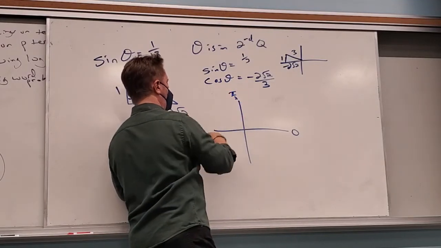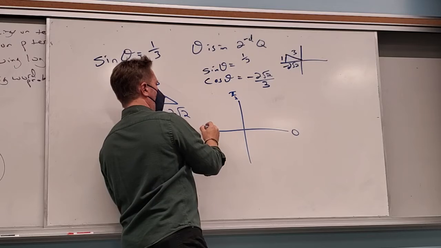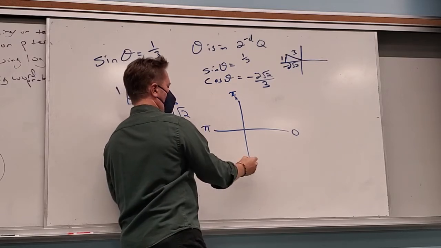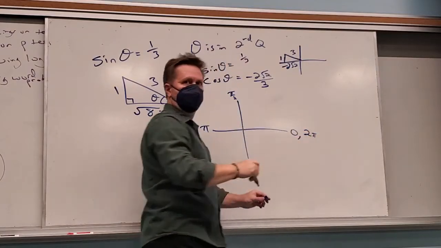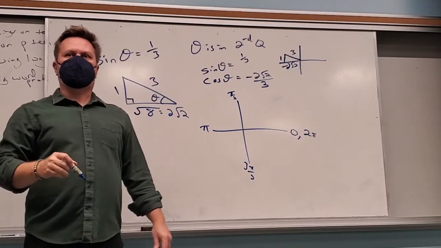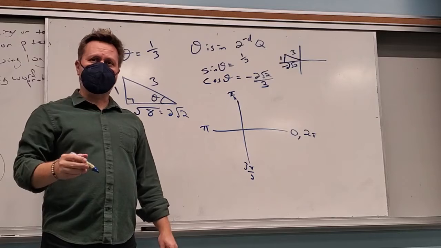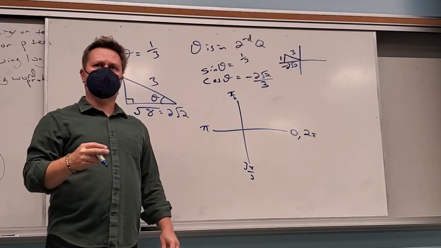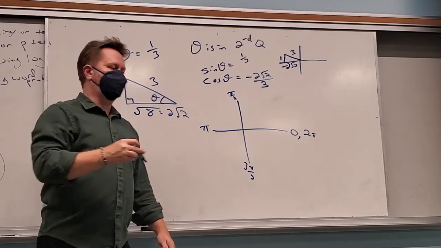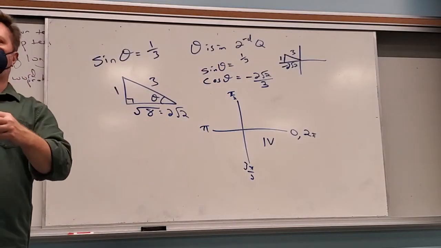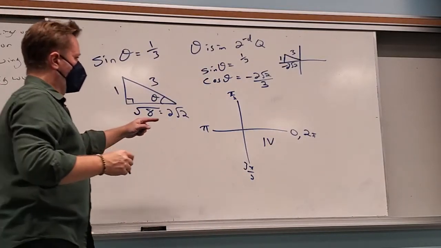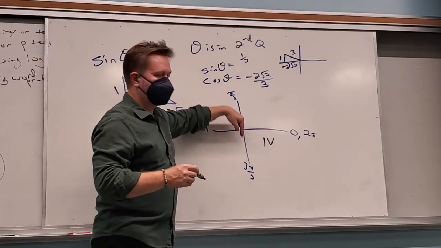Pi over 2. What's this? Pi. And what's this? 2 pi. So which quadrant has angles between 3 pi over 2 and 2 pi? 4. So I know I'm in the 4th quadrant. So it's another way of saying you're in the 4th quadrant. So then you know the x stuff is positive and the y stuff's negative, right?